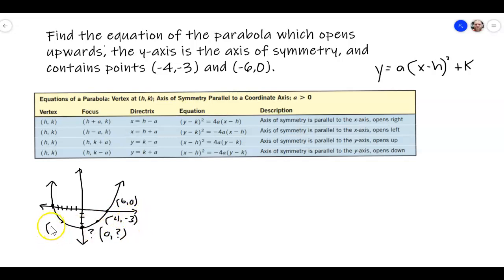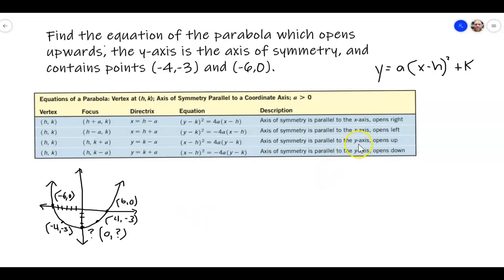This here will be (-4, -3), and this one here will be (-6, 0). All right, so this is what we've got so far. So let's see how we can use these equations up here to help us find the formal equation that contains all of these points, and we can actually figure out the y value of our vertex as well.